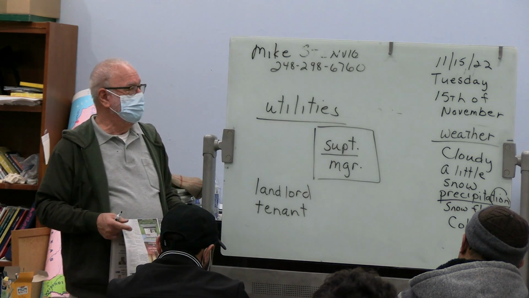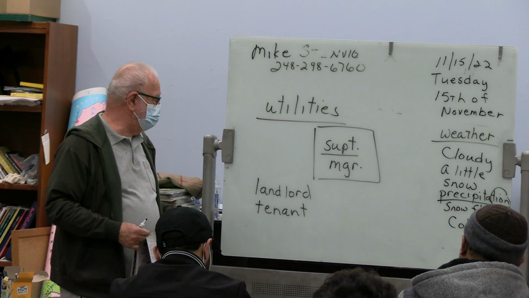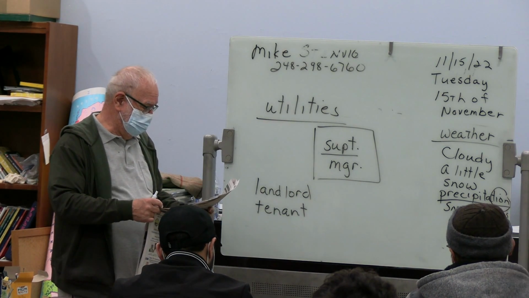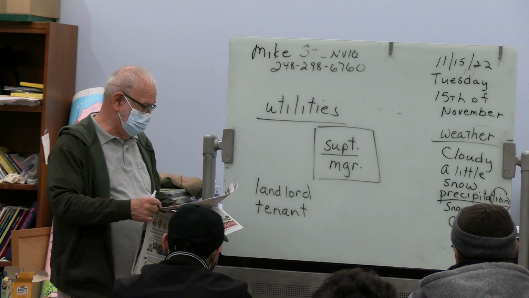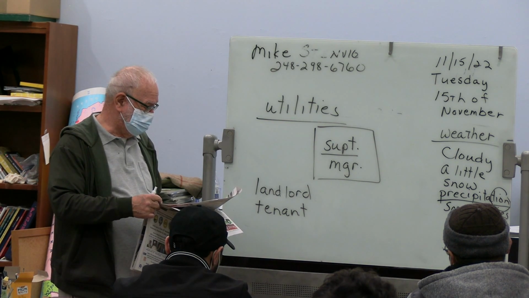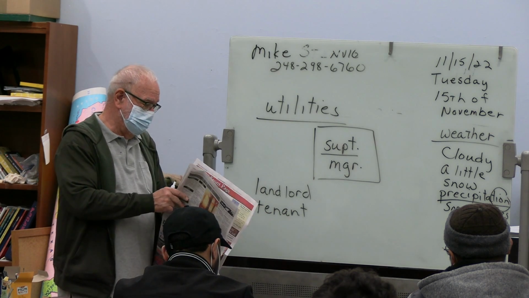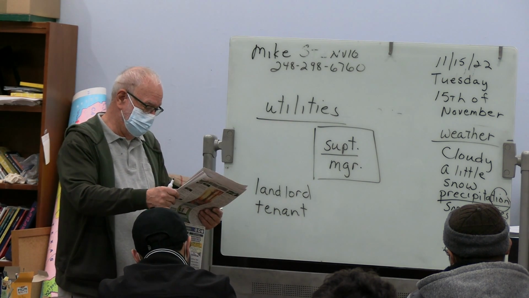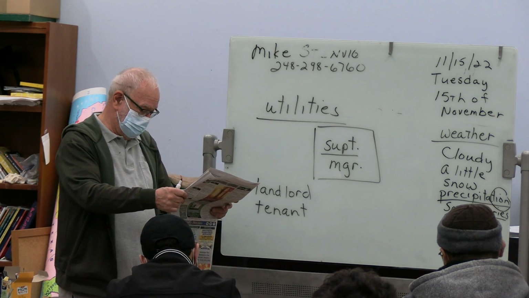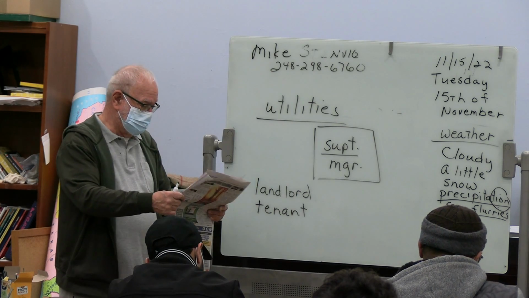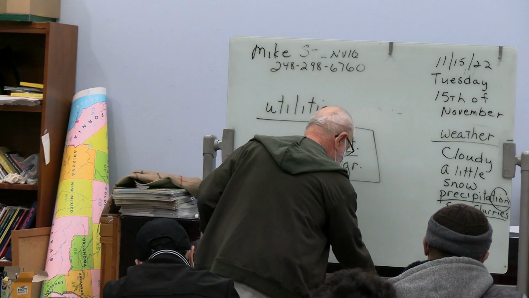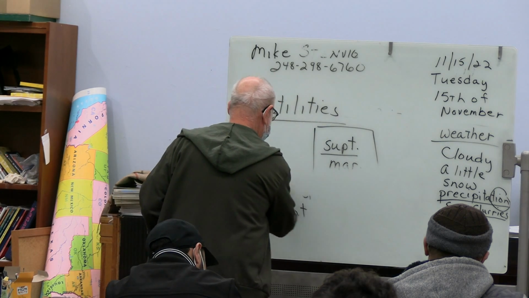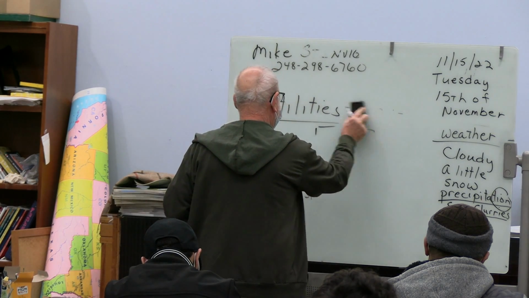So these are titles that we have for things. I'm hoping I can find another exercise sheet for you. Just a few more of these, and then we're going to do some reading together.